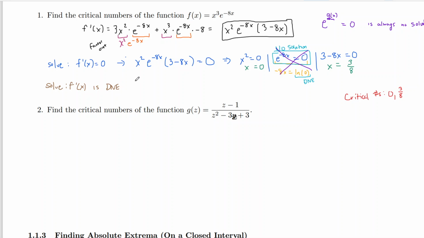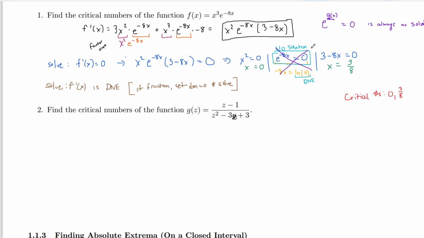Well, I'm pretty sure I outlined it in the previous video, but just to reiterate, solving this, what you're looking for is if there's a fraction, you set the denominator equal to 0 and solve. Well, the main thing is there's no fraction here. We could have made one from the e to the negative 8x by bringing it to the bottom, but then we would just be solving e to the 8x equals 0.